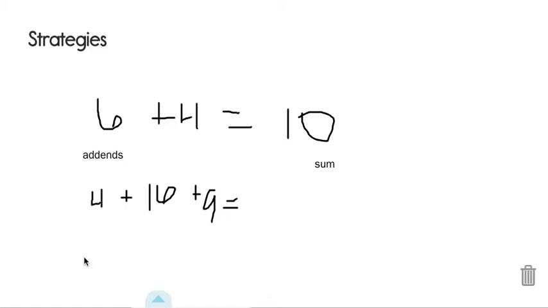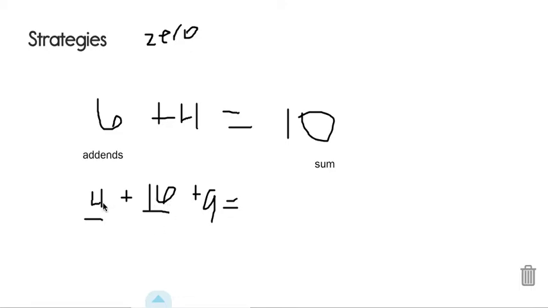Now, when I'm looking at numbers like this and I'm trying to think of a strategy to use, the best strategy when you have multiple add-ins is to find numbers that end in 0. We want to get to our closest 0. Looking at these add-ins, I see I've got a 4 and a 16.